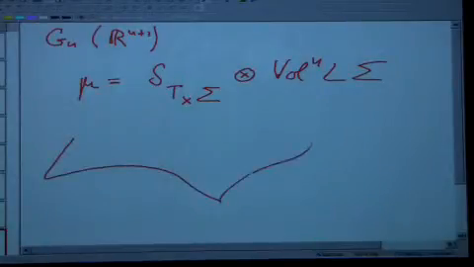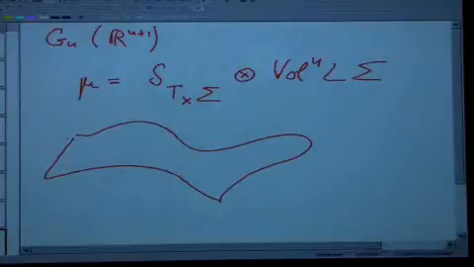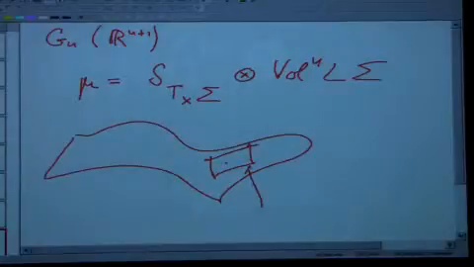Okay, so here I have my surface, and I'm just thinking that I have a fiber bundle. So at every point of Rn plus 1, I attach the Grassmannian of n-dimensional planes at that point, and I pick up the tangent to a point x in sigma. So this is going to be my Tx of sigma.